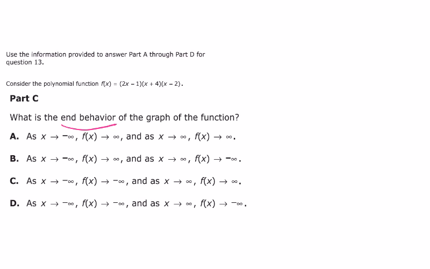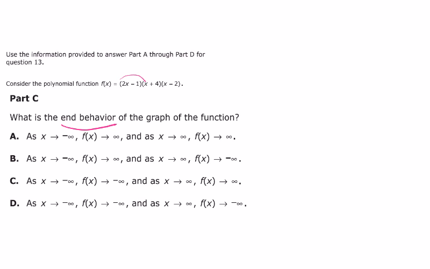Alright, so for this function, we have to think about what kind of function this is, because we know what our parent functions generally look like. Remember, this is a calculator question, so you can plug this in your calculator too and see what it gives you, and that can tell you the end behavior. But I'm going to show you a way to do it without the calculator. What I would do is multiply all of your x's together.